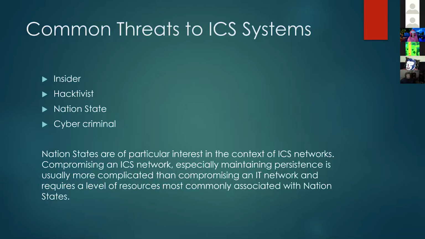Like we said earlier, there are a lot of proprietary protocols, a lot of obscure equipment, network setups are different, and a lot of times there are air gaps or interruptions in the network connectivity. So it makes it much harder for someone to compromise an ICS system. And so usually the ones who really have the time to dedicate to that, if it's a properly set up system, are nation states. They're the ones I'm most concerned about.